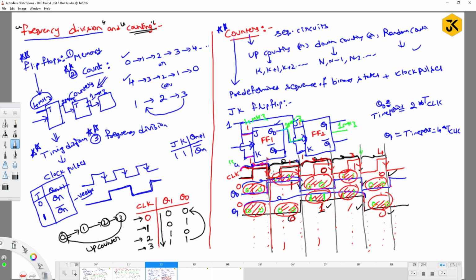If you clearly observe, what is the relationship between the clock and the frequency? You can simply write frequency equal to half of clock. Frequency equal to half of the clock, right? Why? What happened here? This diagram is clearly defining it for you, right?